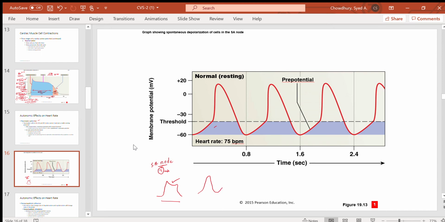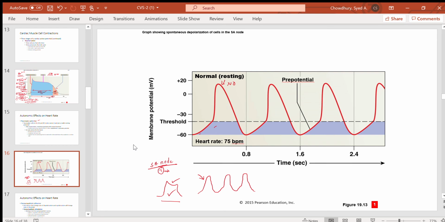First part is slow rise, then sharp rise, then sharp down, then slow rise again, then faster, and like this. So the action potential in the SA node or pacemaker cells is different than cardiac muscle cell. So no plateau here.